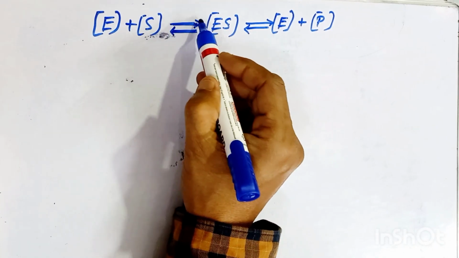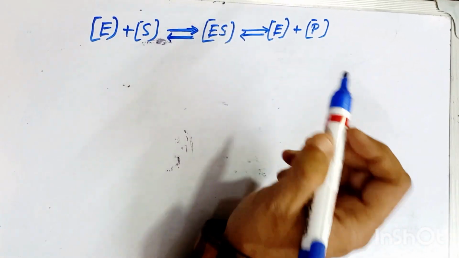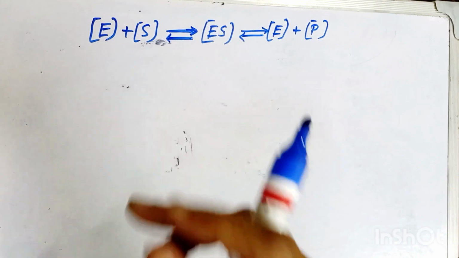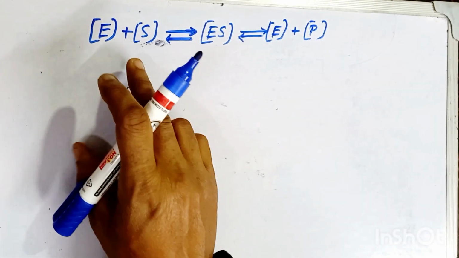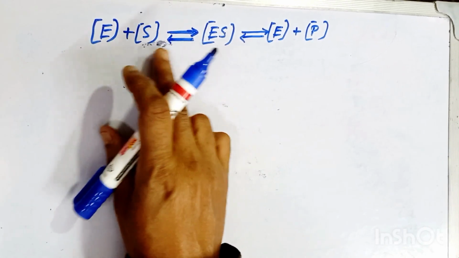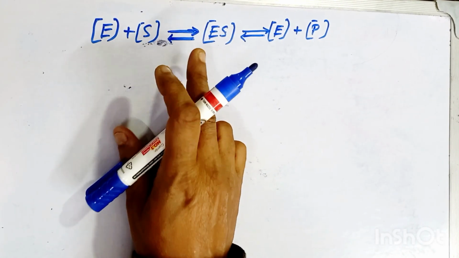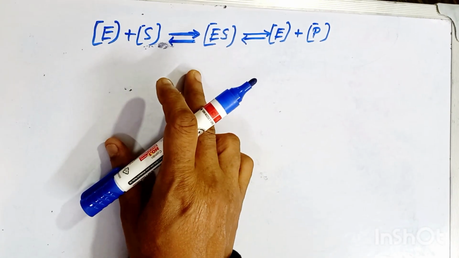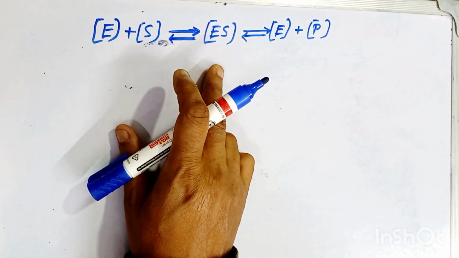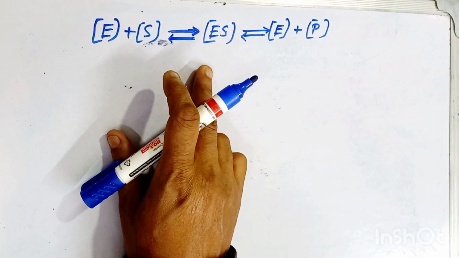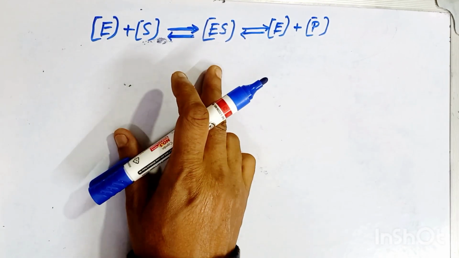So if we go to the first class and see why I gave these two-way arrows: because every enzymatic reaction follows a two-way reaction, because the enzyme does not alter the equilibrium of a reaction.